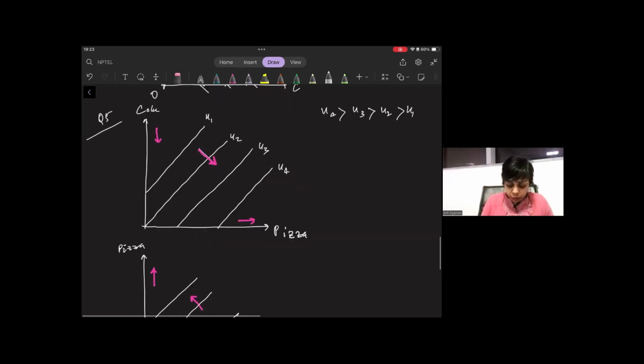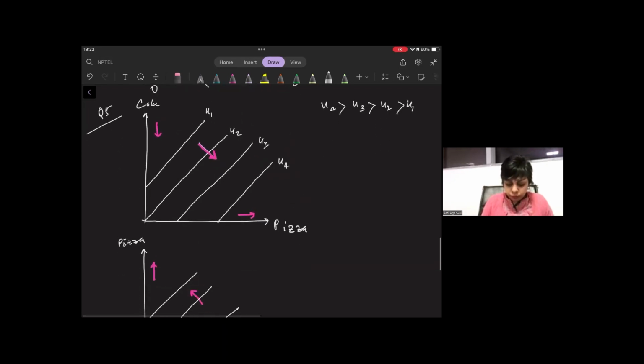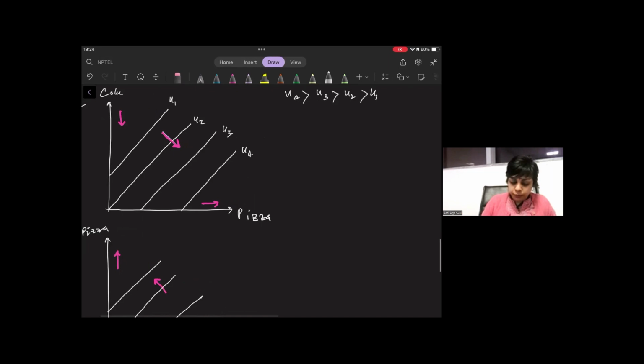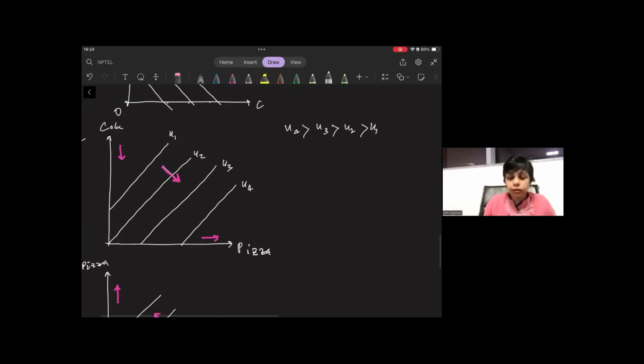Okay, so now let's come back to this case. This is your indifference curve. It is a straight line. We're assuming it as a straight line for now, just for the sake of simplicity, because there's nothing else given. All we know is that she completely hates Coke and completely loves pizza, right?